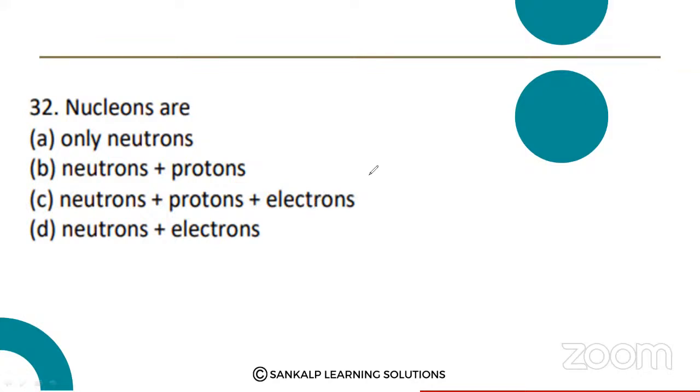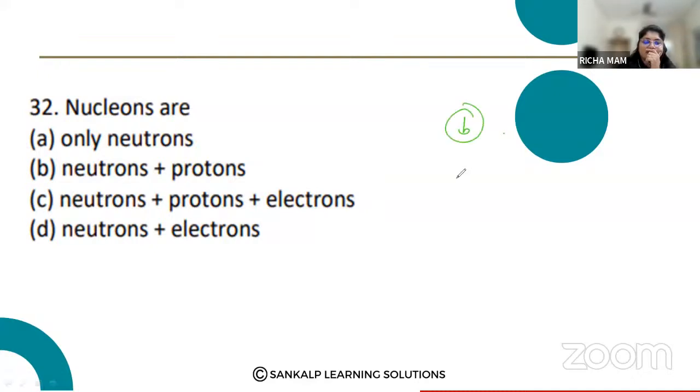Neutrons plus protons, ma'am. Okay, Hema has answered as neutrons plus protons. So her answer is option number B. Others? What are nucleons? Ma'am, option C. Likita has answered as option C. One answer is B, one answer is C. What about others?